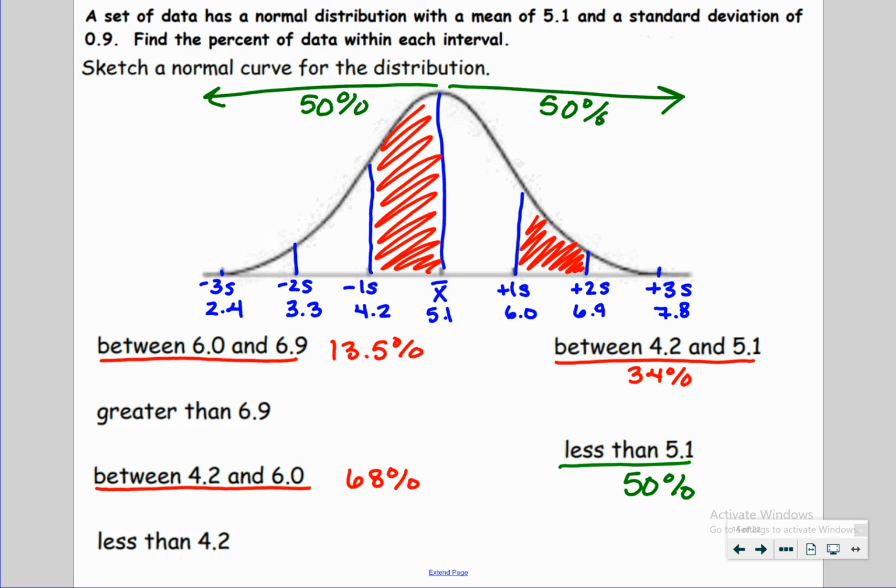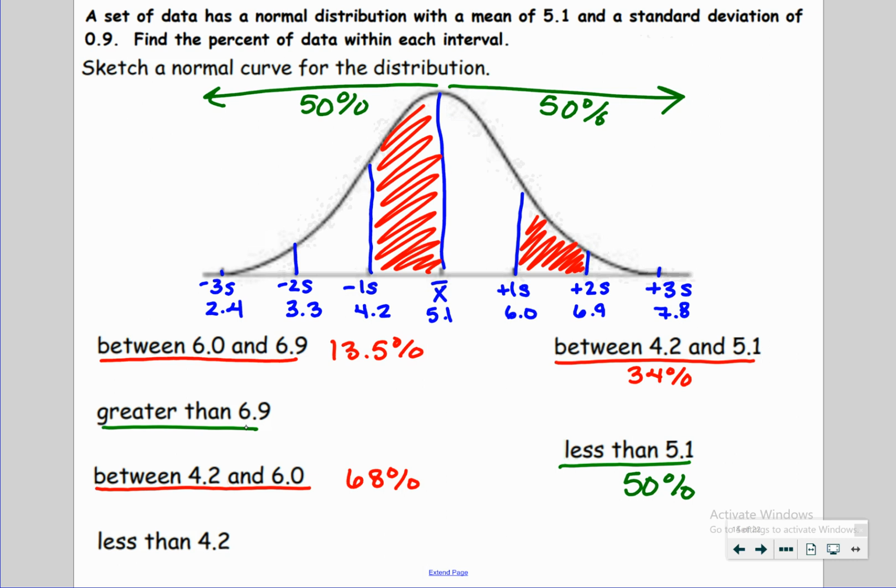Okay, I want to know the percent of data that is greater than 6.9. Greater than 6.9 would be not including everything down here, just including everything up here. 2.5 is correct. There's two ways you can get it.